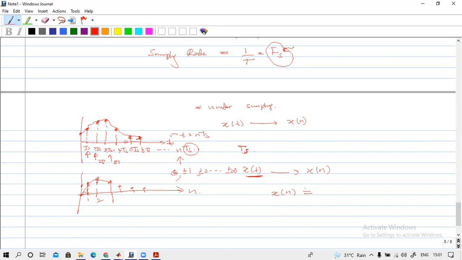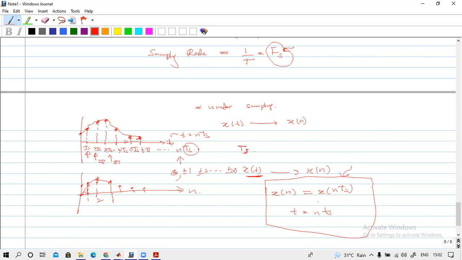In that method, x[n] is equal to x(nTs). Here t is equal to nTs. Actually, this is the sampling process represented in mathematics.